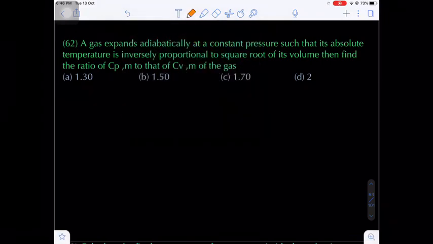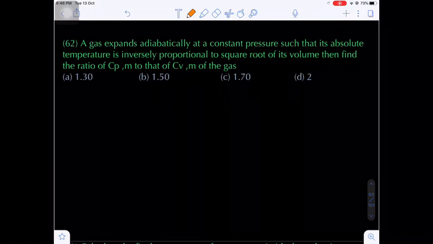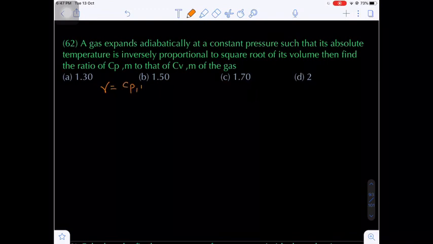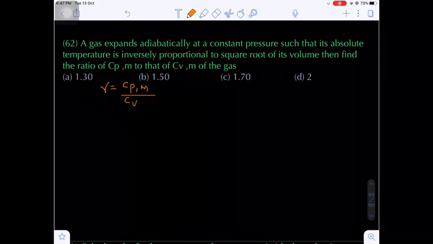Now here, question number 62. A gas expands adiabatically at a constant pressure such that its absolute temperature is inversely proportional to square root of its volume. Then find the ratio of, again you see the ratio between the molar heat capacity at constant pressure divided by molar heat capacity at constant volume is called Poisson's ratio.